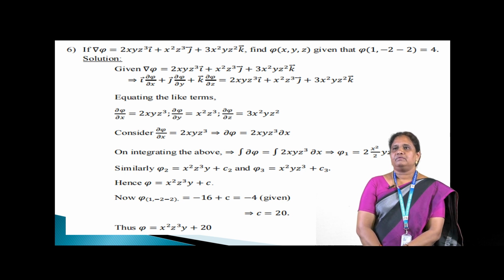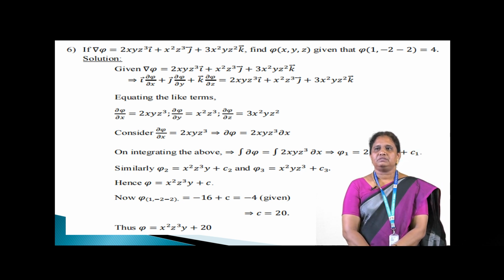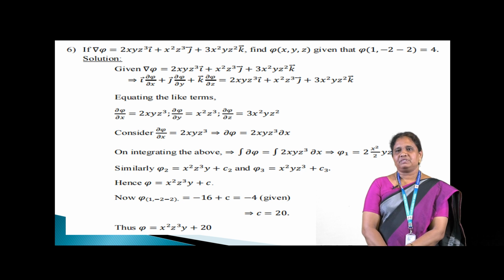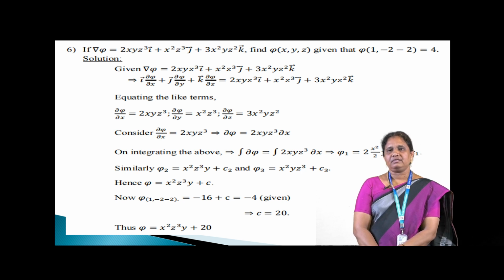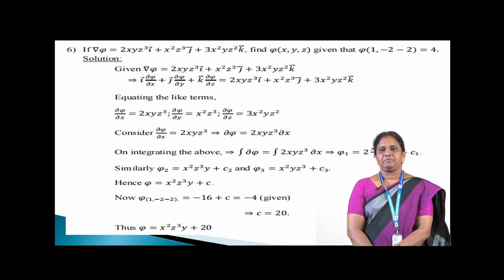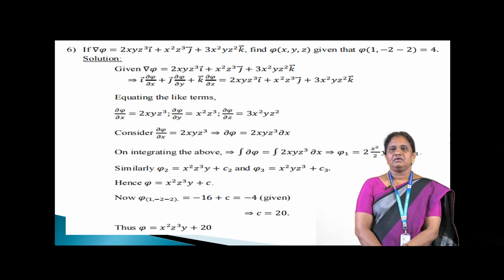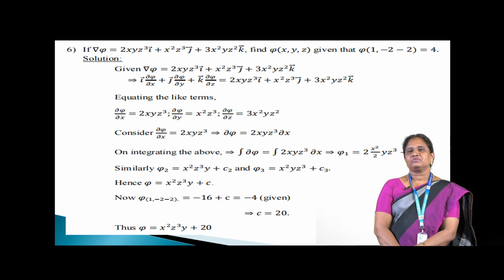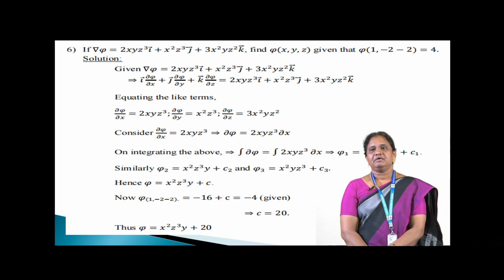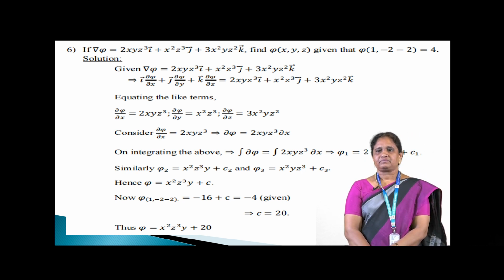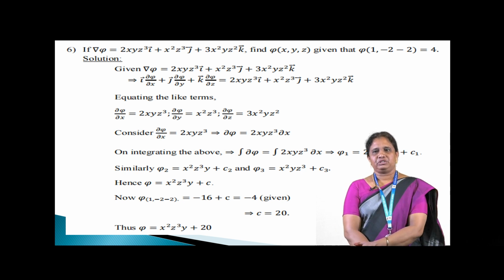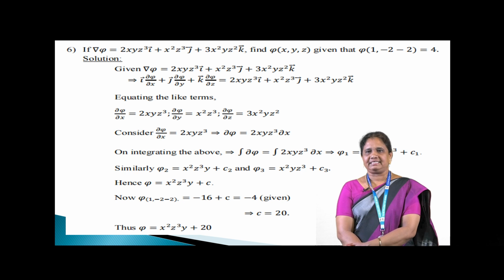Now we have to substitute the point 1, minus 2, minus 2 in the surface equation phi. Replacing x by 1, y by minus 2 and z by minus 2, we get 1 square into minus 2 whole cube into minus 2. So the answer is minus 16 plus some constant c. We found phi of (1, minus 2, minus 2) as minus 16 plus c.